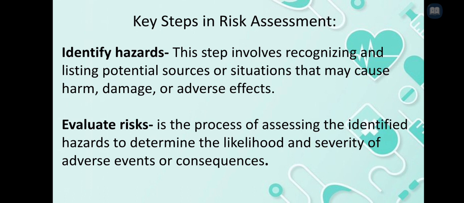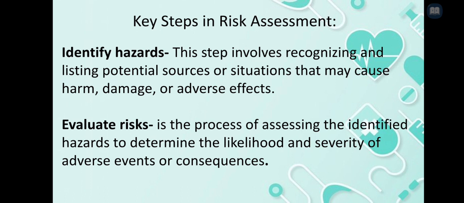Next is evaluate risk. It's the process of assessing the identified hazards to determine the likelihood and probability of adverse events or consequences. Now that you have a list of possible dangers, it's time to figure out just how dangerous they really are.